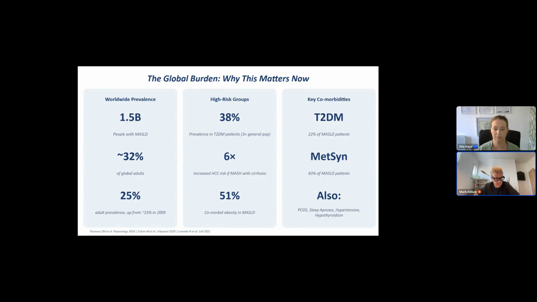When we look at high risk groups, 38% of people with type 2 diabetes also have fatty liver, 3 times the general population rate, and 51% of MASLD patients are obese, and 43% meet the criteria for metabolic syndrome.